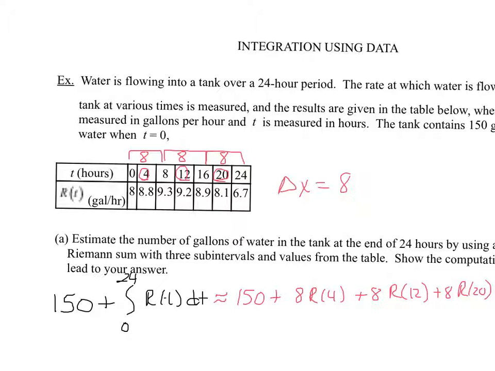So this is 150 plus 8 times 8.8 plus 9.2 plus 8.1. If you had to do this without a calculator, those numbers are simple enough you could, but you can go ahead and plug that in your calculator if you want to.